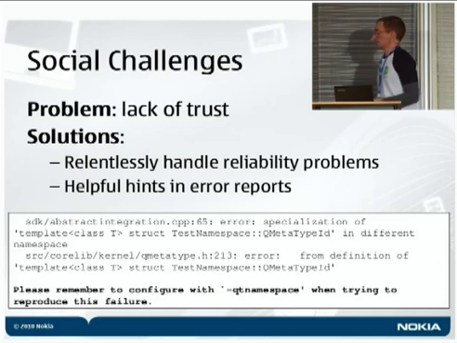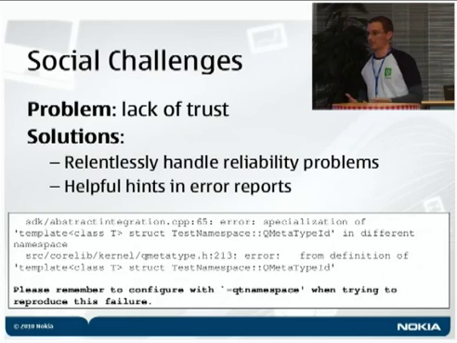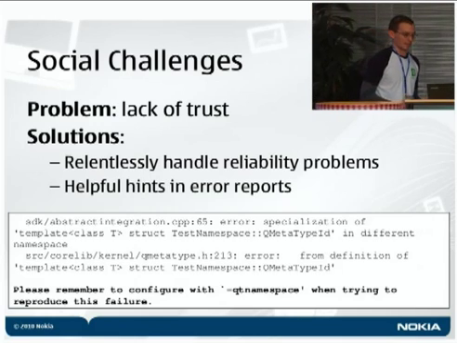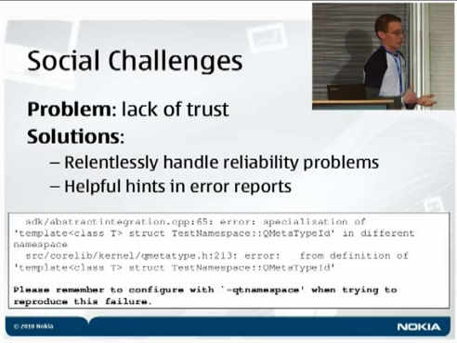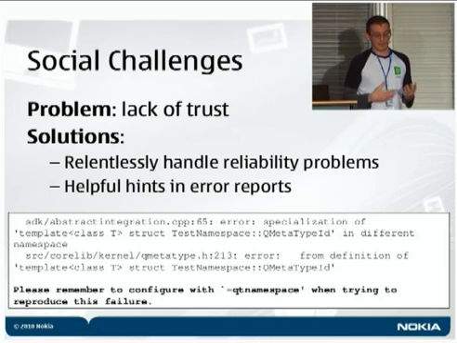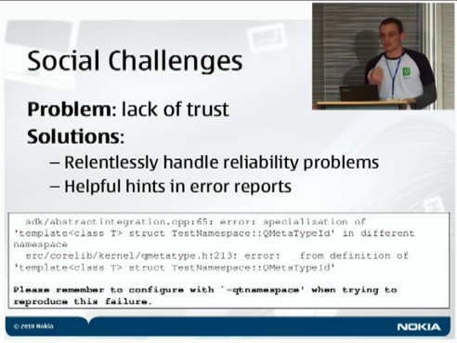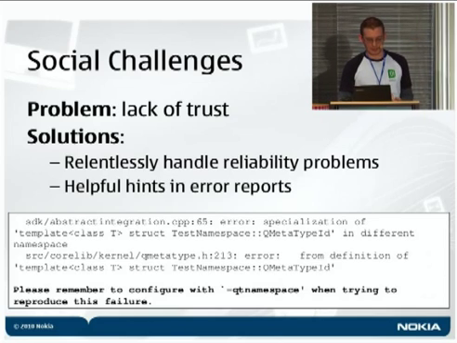Basically what we do is we try to handle all kinds of reliability problems very rapidly. Every single error report generated by the system is reviewed by someone who understands the system, and any problems are ironed out as soon as possible. So over time, that hopefully gives people more reason to trust the system. Something else that we can do, specifically to address the problem of difficult to understand error reports, is that sometimes we can add some helpful hints.